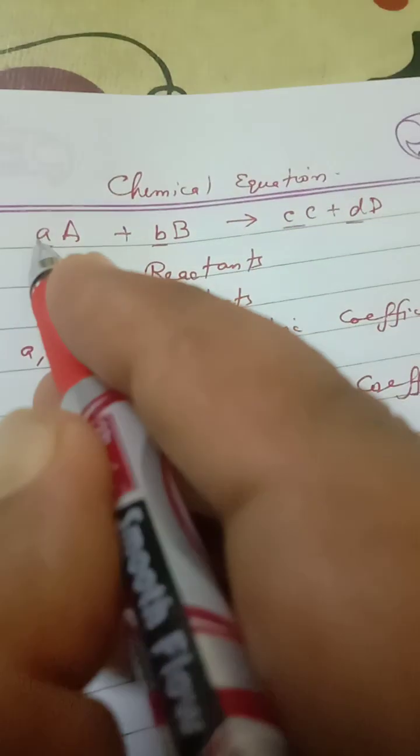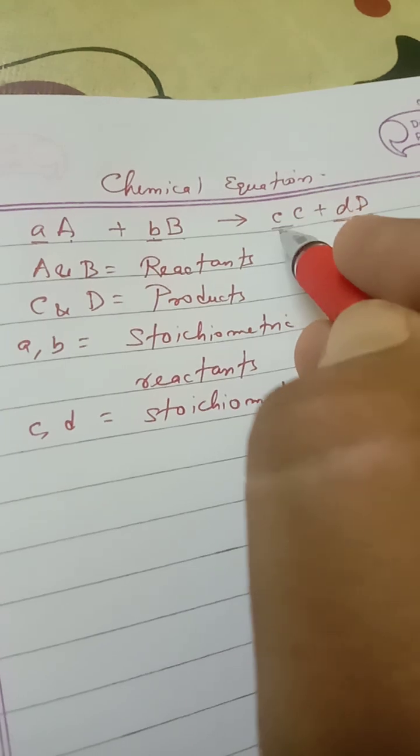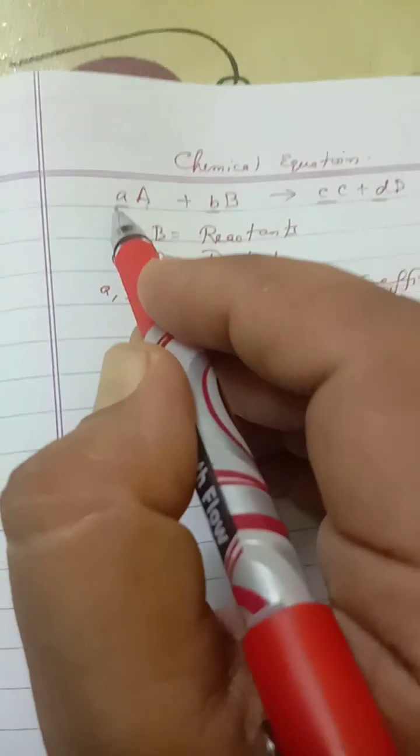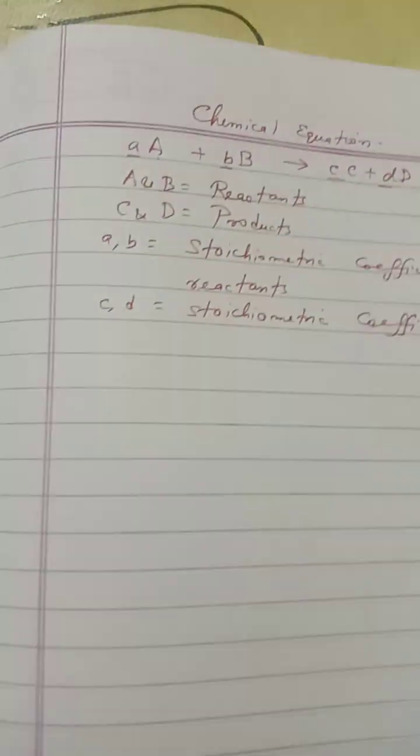That means a amount of A reacts with b amount of B, giving you c amount of C and d amount of D, or a moles of A reacting with b moles of B gives you c moles of C and d moles of D.